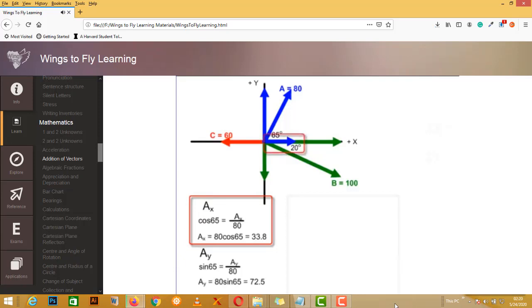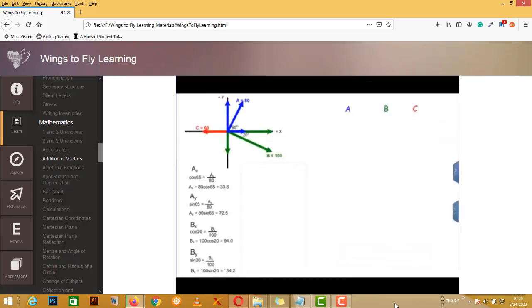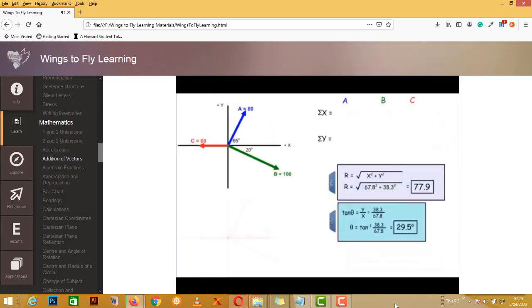Now the adjacent side is the x component of vector A, so I write that as A sub x. And the hypotenuse is the vector itself, which is 80. So you can see how the x component of vector A, A sub x, is then equal to 80 cosine 65, and that's 33.8. And you can see on this earlier slide that the x component of vector A is 80 cosine 65.